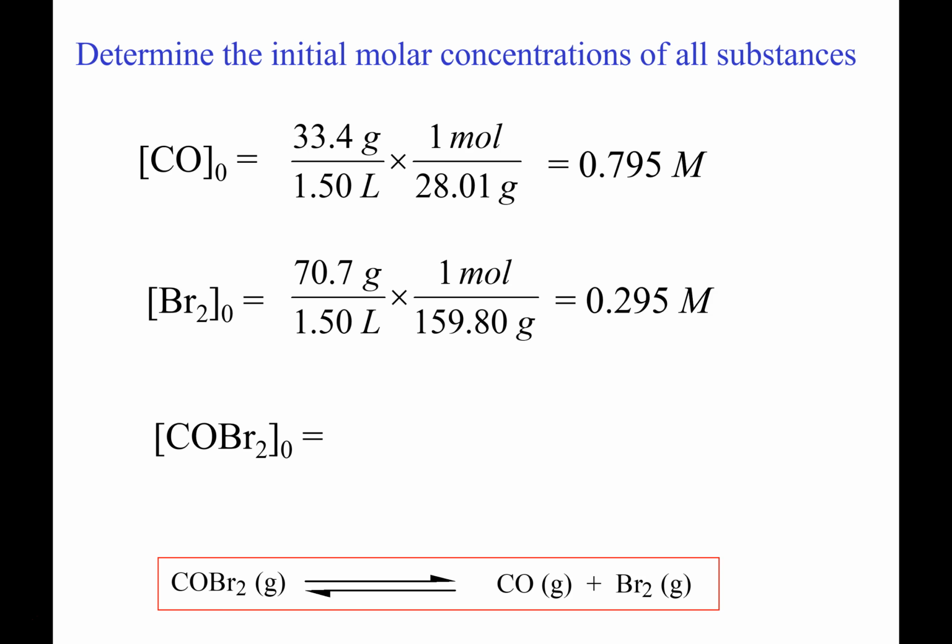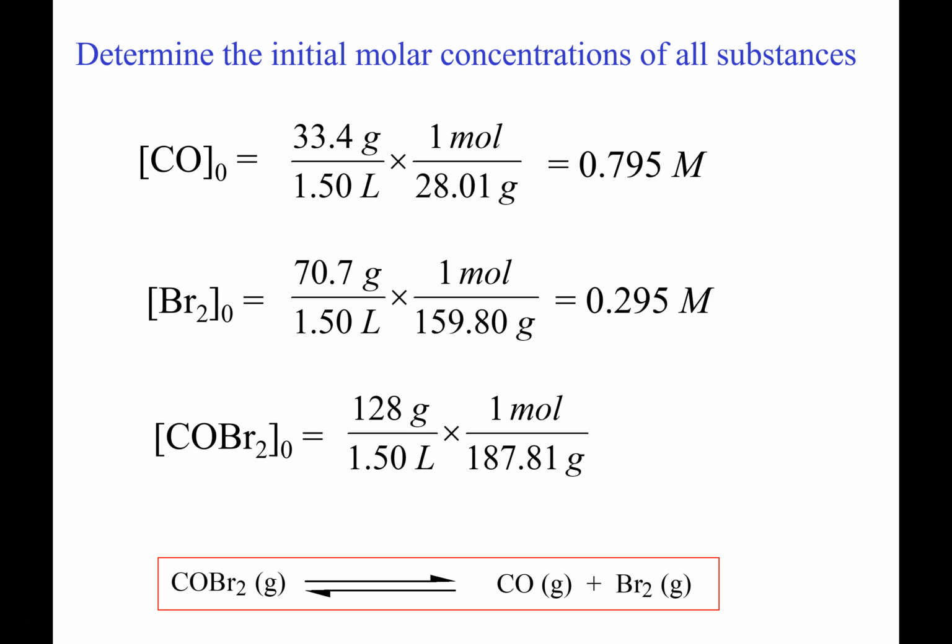And then last but not least, the original problem said we had a whopping 128 grams of COBr2. The volume of the container containing all 3 gases is 1.50 liters. The next term is the flipped version of the molar mass of COBr2, so 1 mole over 187.81 grams.